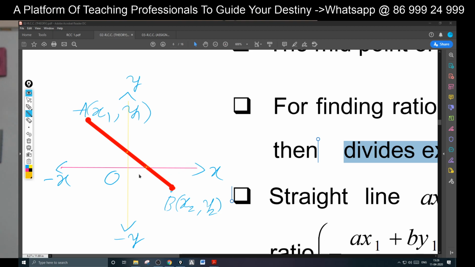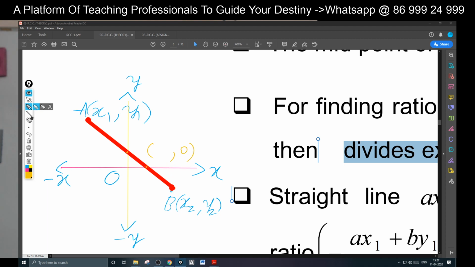The ratio in which AB is divided by x-axis, the ratio in which AB is divided by y-axis. See, on x-axis, in the beginning class, I explained to you, y coordinate is 0. On x-axis, y coordinate is 0, please.